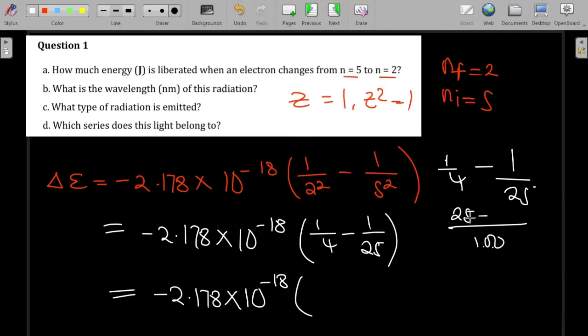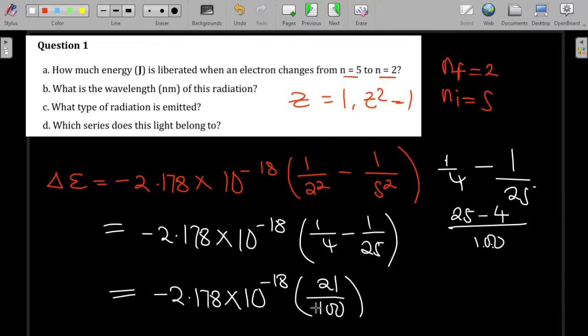Then minus, here it is 25 into 100, that is 4, so 4 multiplied by 1 is 4. If I subtract, I get 21 over 100.